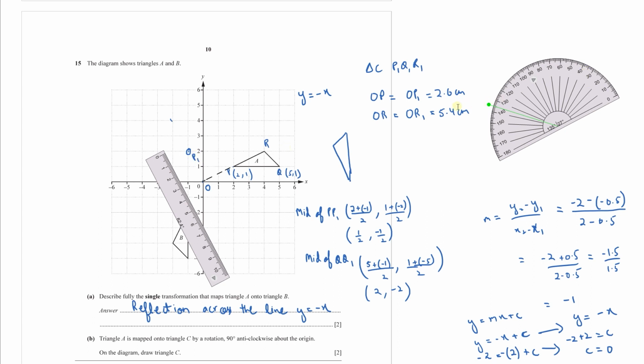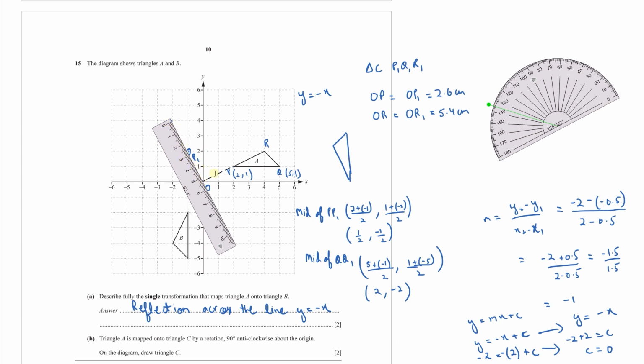Similarly, for R1, we know that the distance should be 5.4 centimeters. So let's place my ruler here at 5.4, and this turns out to be this point here. Remember, I always have to look in this orientation, the 90-degree angle that I marked. So all the distances should be at a 90-degree angle.